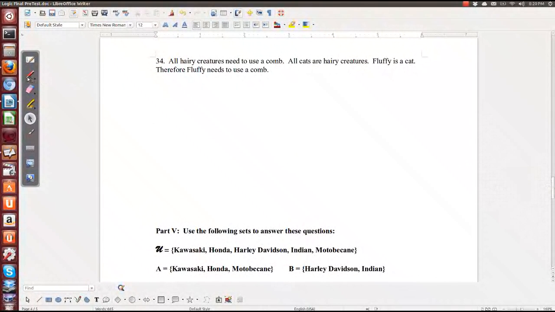Our second two-column proof problem is dealing with universals. So I have all hairy creatures need to use a comb. That's a universal X. They are hairy creatures, and if they're hairy creatures, they need to use a comb.